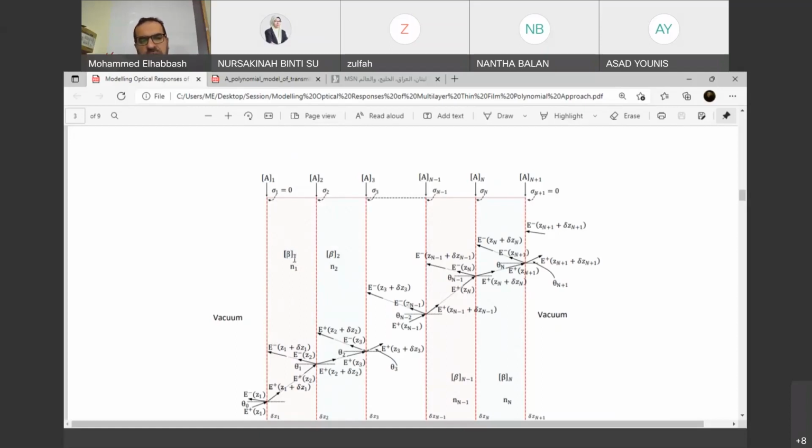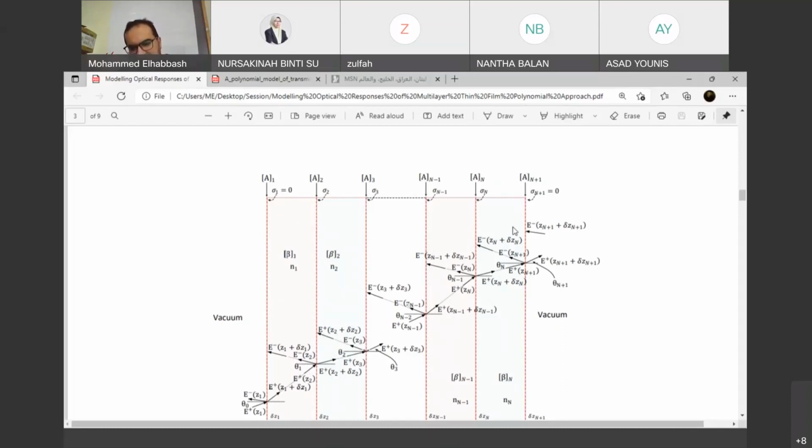After that, we have an interface matrix to represent what happens in the area or the interface between layer 1 and layer 2, and so on until we reach the N layer.